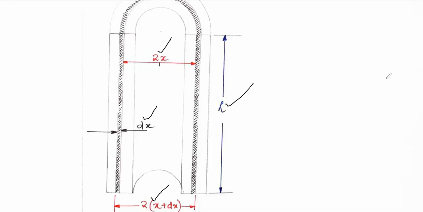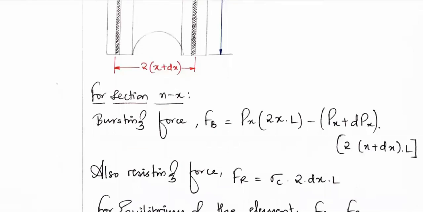So now I need to calculate bursting force. Bursting force is given by internal pressure into the area on which this pressure is acting. So you can check out where internal pressure is acting. So Px into area.